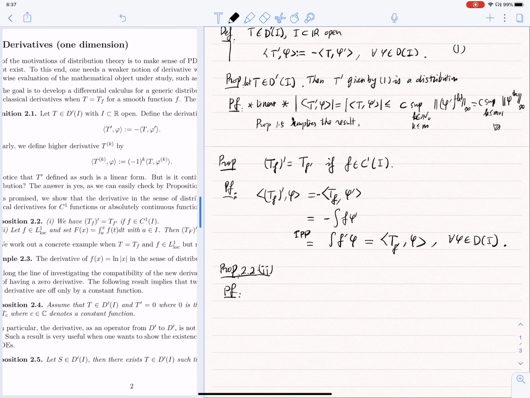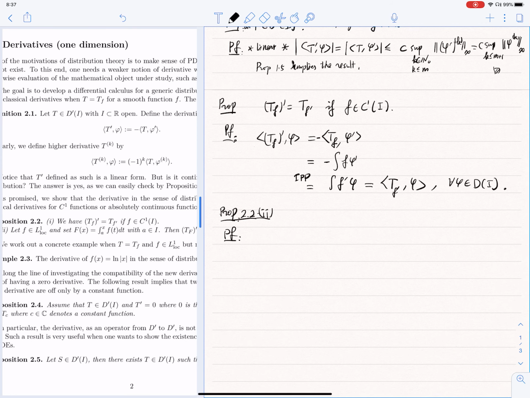The proof of that is, again, let's start from the left hand side. T_F' applied to phi is given by definition as minus T_F applied to phi prime, which is minus the integral of F(x) phi prime(x) dx. Now we are going to make use of the definition.